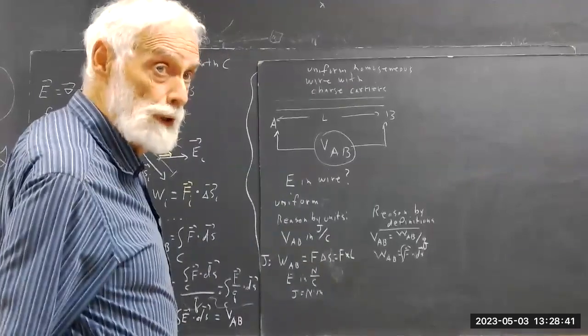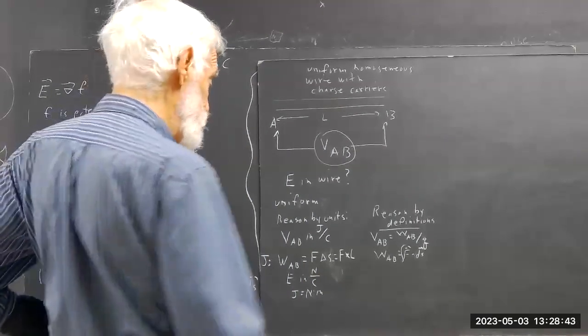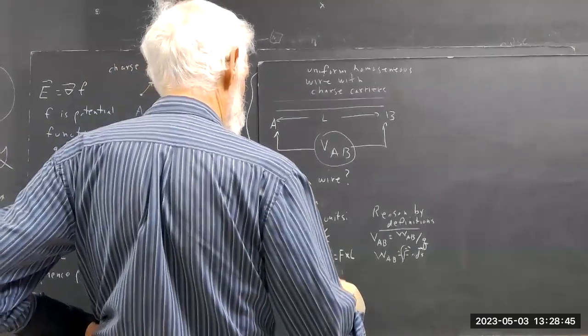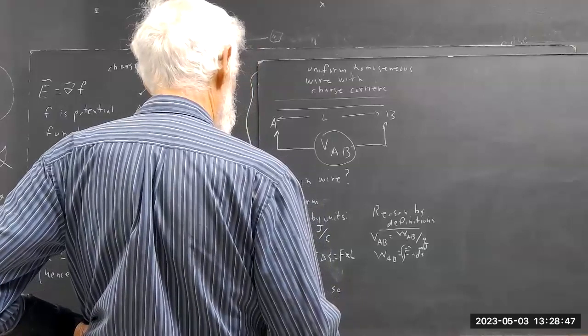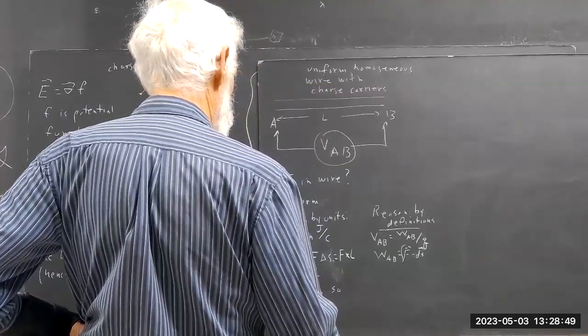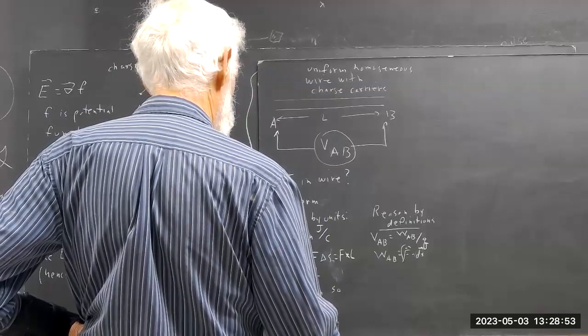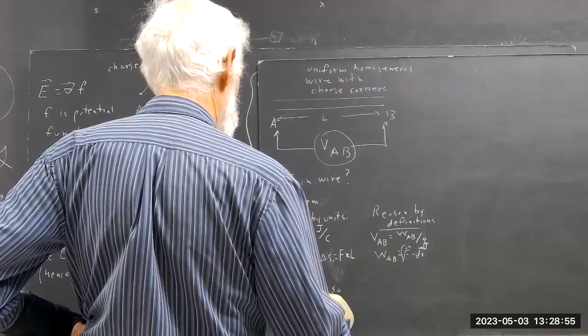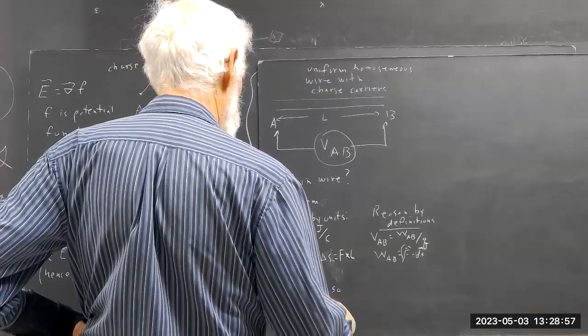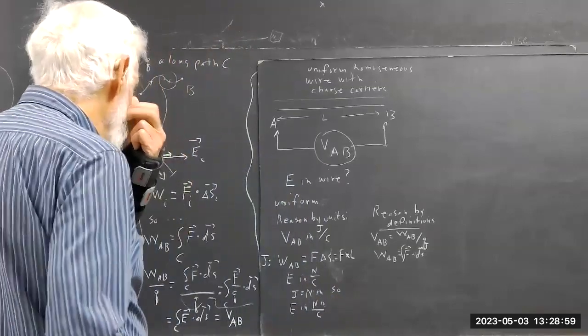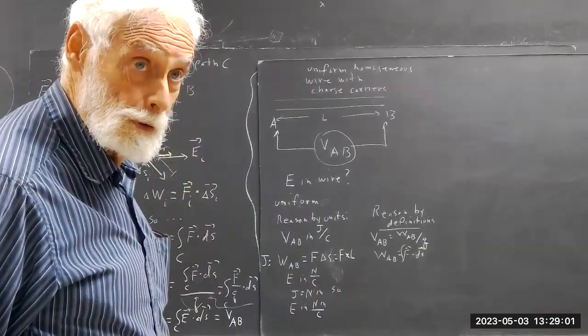Joules is newtons times meters. So it's in newton meters per coulomb.